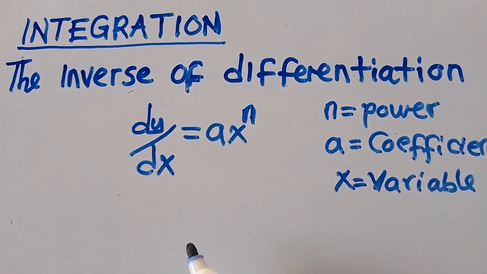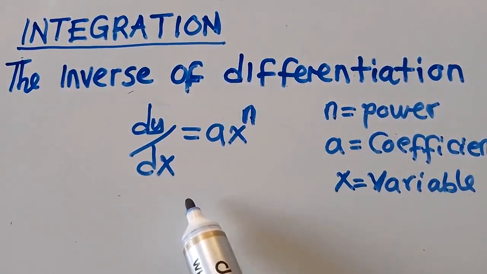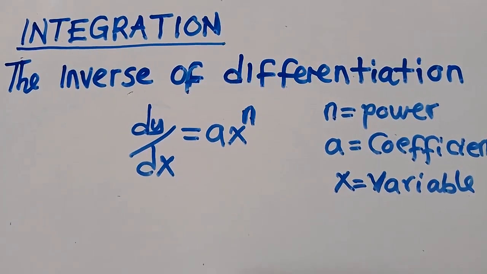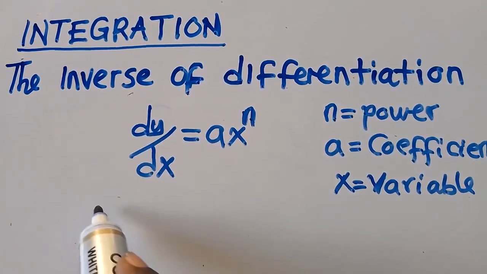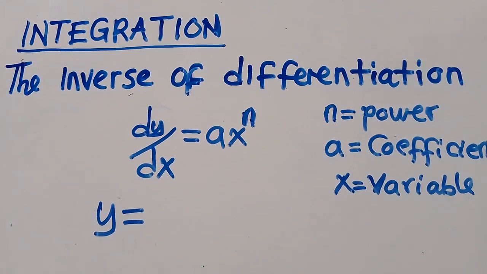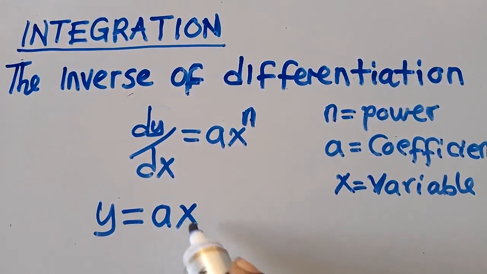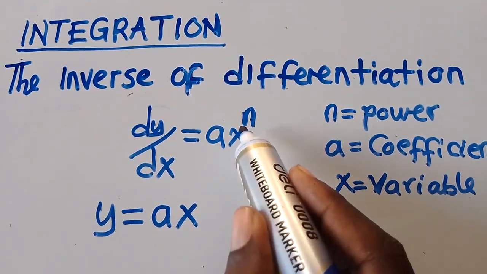If you've got such a function and you are told to integrate, what are you supposed to do? You are going to say y is equal to, and you are going to involve 3 steps here. The ax will maintain, but the power, you are going to add 1.